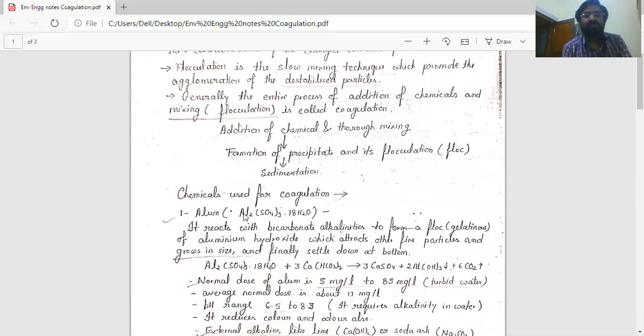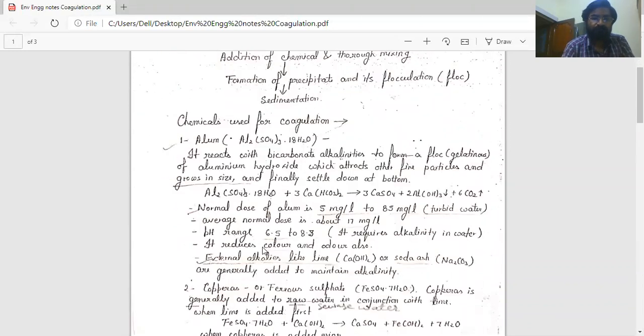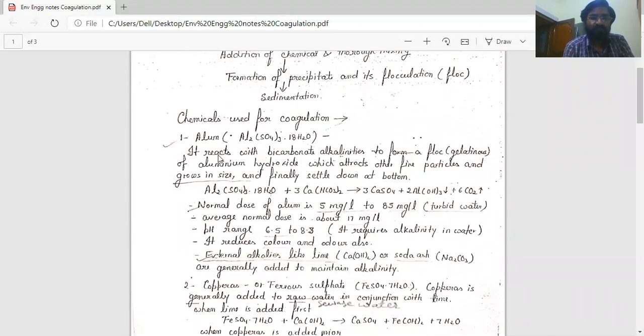Now the chemicals used for coagulation. First is alum. The formula of alum is Al2(SO4)3·18H2O. Chemicals used for coagulation are known as coagulants.